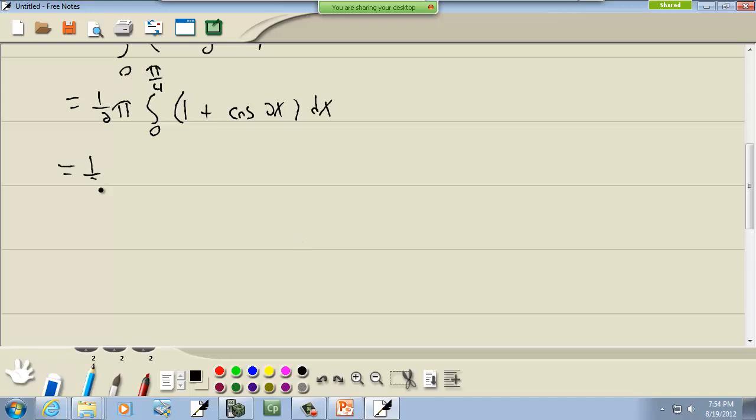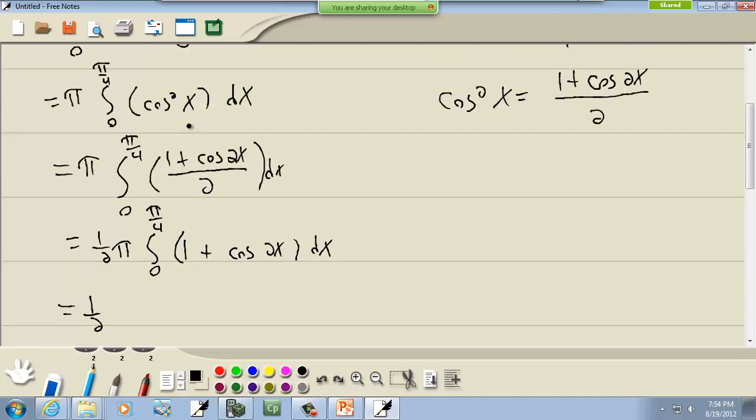Trying to think if we looked at ones like that. I don't think we look at that until next chapter, actually. But anyway, you can use this formula to rewrite it in this manner.